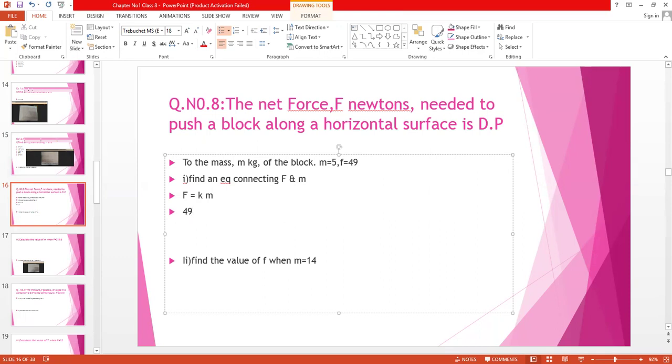Okay, 49 is equal to K, and here I have to write 5. Now please divide 49 by 5. So 49 divided by 5, what will be the answer? Do it, please.